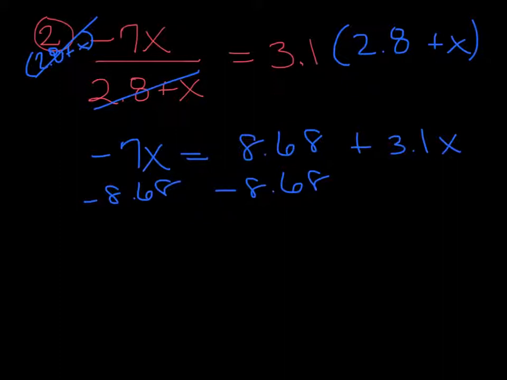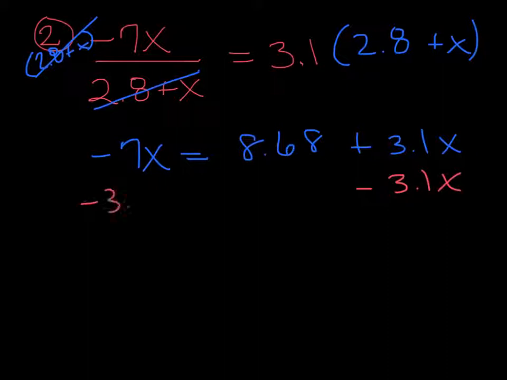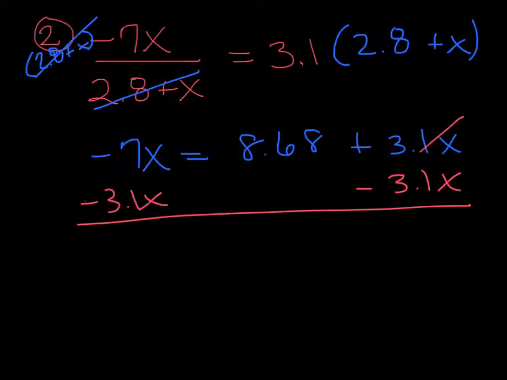Whoops. You know what? Let me get rid of that. Actually, that's not what I wanted to do. Sorry about that. I'm going to end up bringing this one over here. I thought the other one had an x on it for a second. Okay, so those drop out. I end up with negative 10.1x equals my constant.